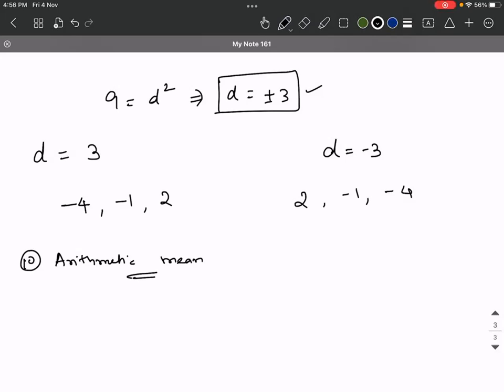Sum of all the values divided by n, the number of values. So that mean is actually called the arithmetic mean. Clear? Now, here what they are asking is, find the arithmetic mean between 13 and 19. Anybody who can tell me what is the answer?